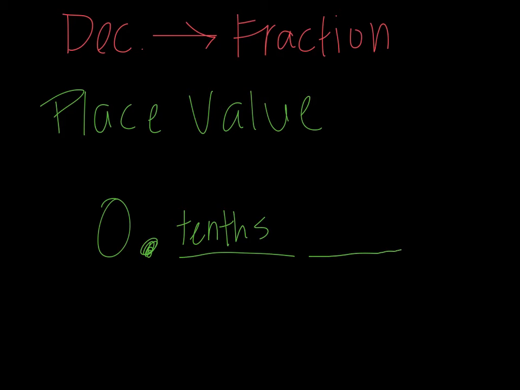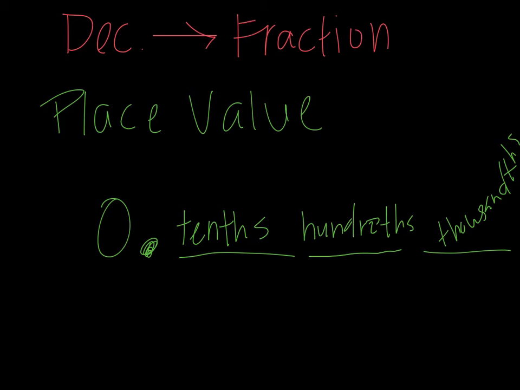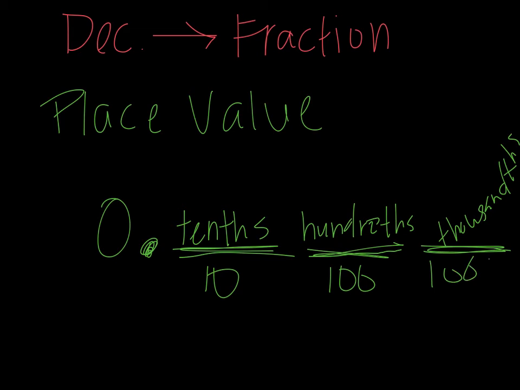The second is the 100ths place. The third is the 1000ths place. And we won't go much after 3. So we have to keep in mind these place values. So think of this as 10, 100, 1,000.